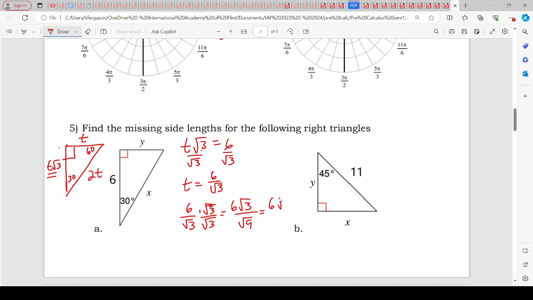Then I can reduce 6 divided by 3, so T equals 2 square root of 3. T is in the same spot as my Y, so Y equals 2 square root of 3, and then 2T is going to be 4 square root of 3.